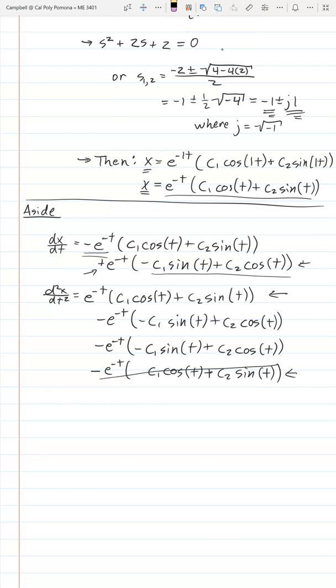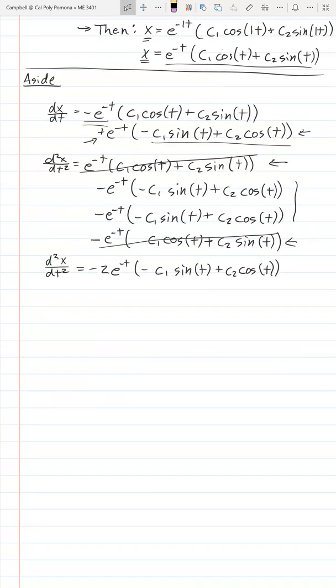And so, of course, this will cancel with this. These two are the same, so we can just combine those and we get that d squared x dt squared is simply equal to negative 2e to the negative t times negative c1 sine t plus c2 times cosine t.